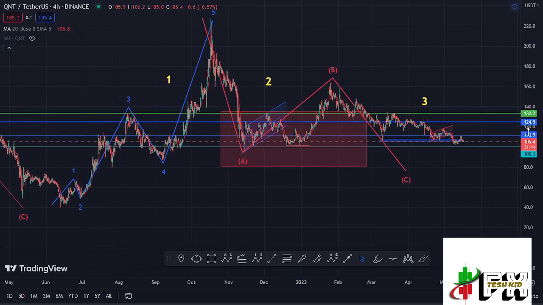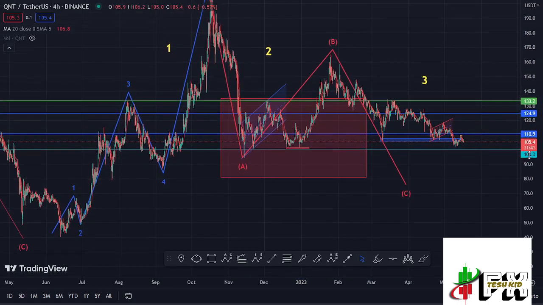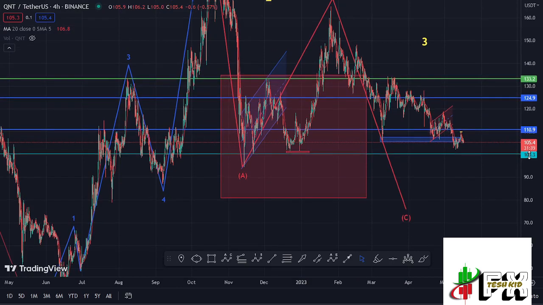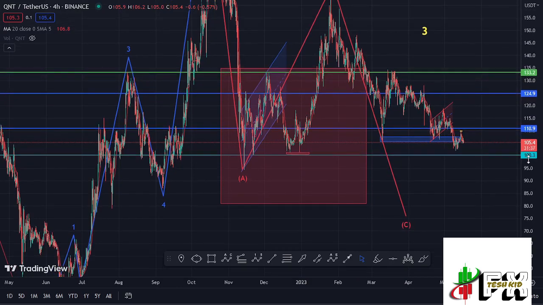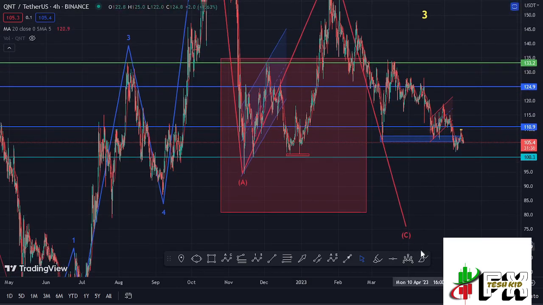And that means that in case Quant continues to see further breakdown, lose significant areas of support, and maybe at some point we lose our key area of support at around the $100.3 mark, there are chances that Quant is going to see further breakdown and get back to the $80-point-something range in the formation of that higher Elliott wave count 2.